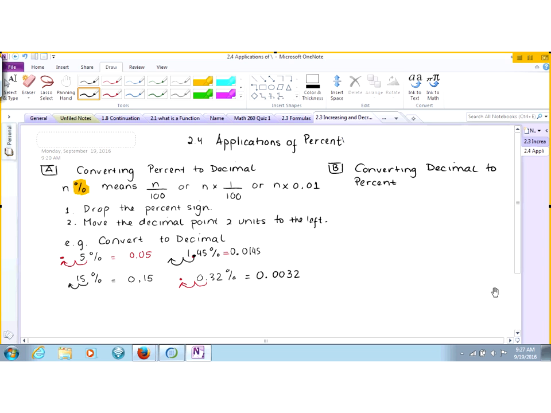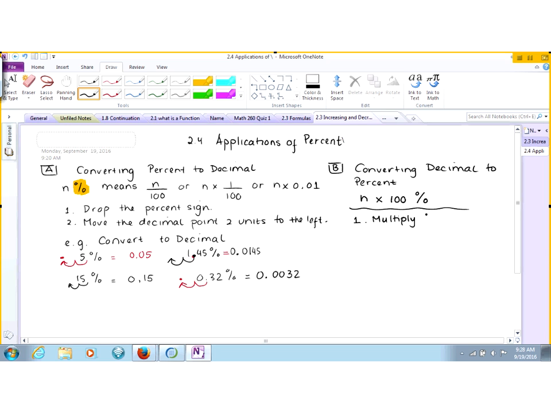What you do is multiply by 100 and then attach the percent. What do you mean multiply by 100?